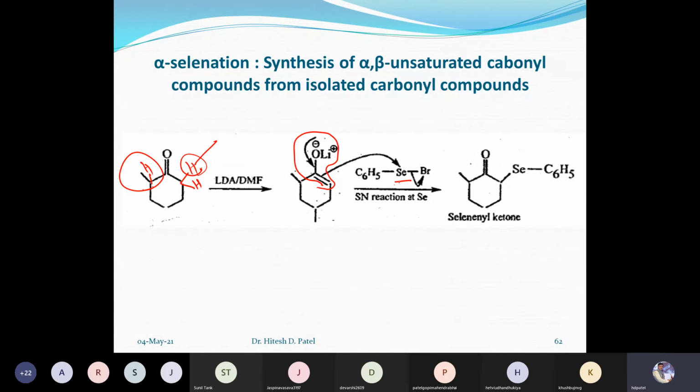a selenium compound or selenium derivative, C6H5SeBr, removal of Br minus will take place. This becomes plus, and we will get Se over here. So we will get the selenyl ketone.